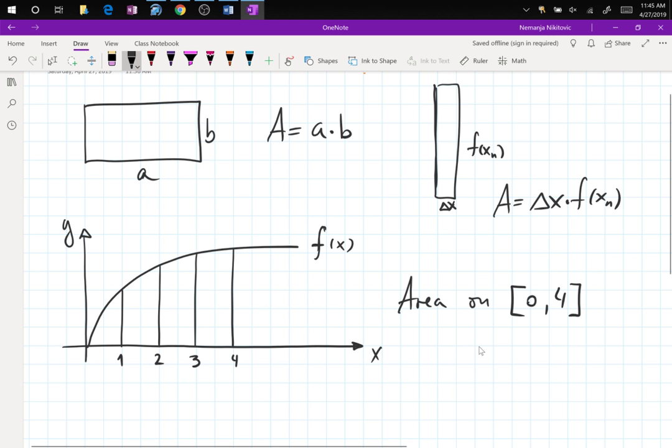So the best I can do at the moment is to create these rectangles. They don't look like rectangles yet because the top is curved, but we're going to fix that by using either red or blue rectangles. You see, red rectangles are going to start on the left and create rectangles.